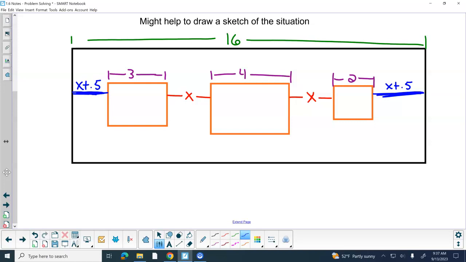You've got to come up with an equation to solve this problem. And in work time, so we get this one done. And then all around 16. You want to start with that?